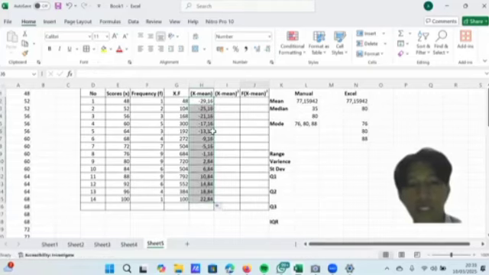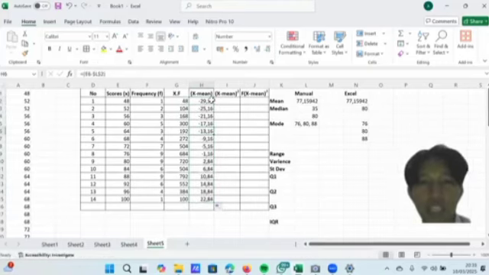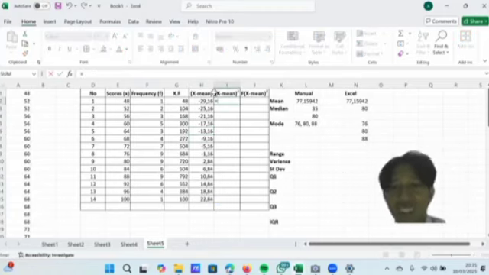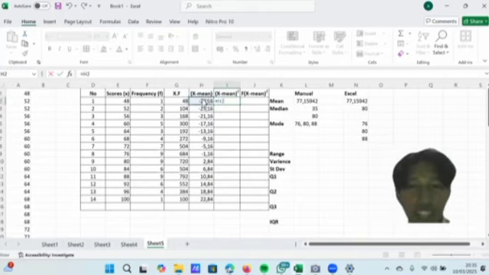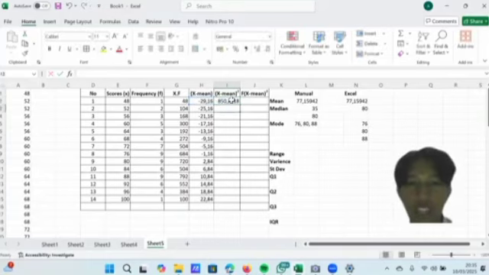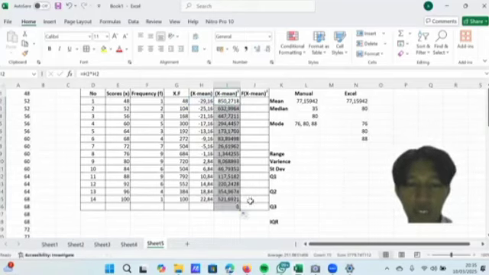And then after that, we're going to compute x minus mean squared, which is the x minus mean multiplied by x minus mean. Enter, and then drag it down.